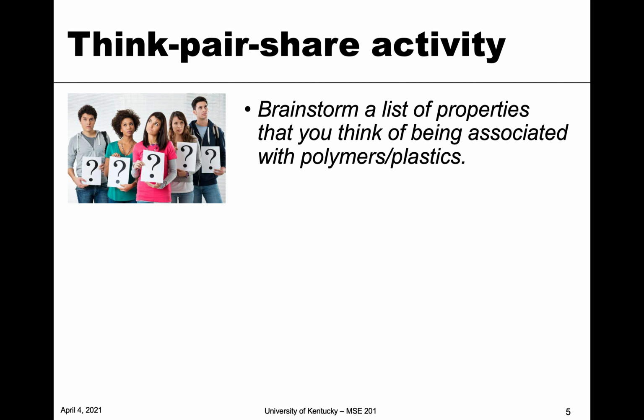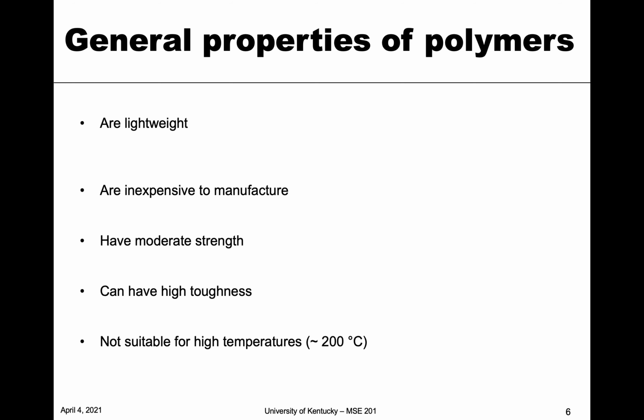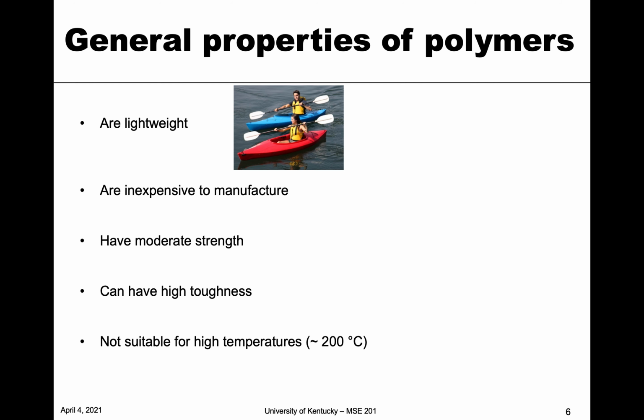All right, so let's take a look at some of the general properties that you've listed. And so these are the big ones. You might have listed some that don't appear on this list, and that's okay. But the main ones are that polymers are typically considered lightweight. So you might think of them as canoes or kayak material, right? It's able to make that light so that you can transport it very easily.